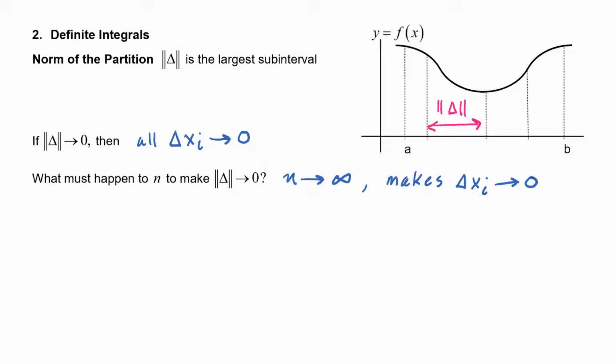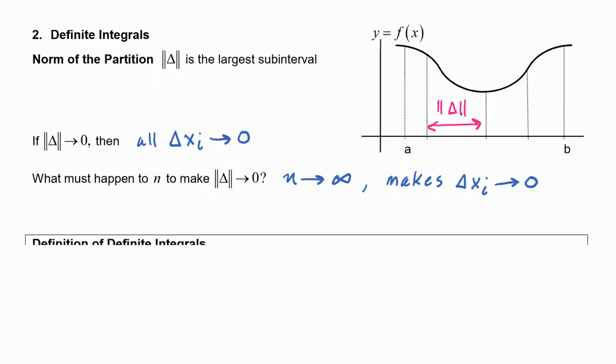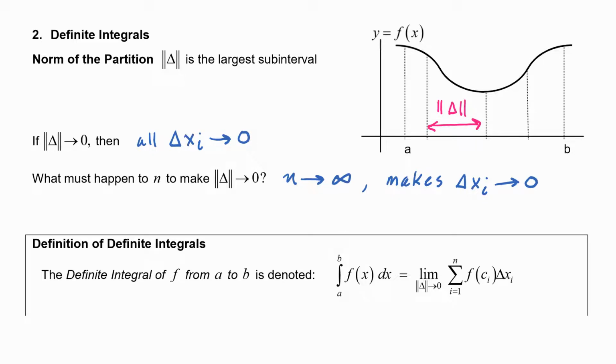So now that brings us up to the definition of definite integrals. The definite integral of f from a to b is denoted with this set of symbols. The way you read this is the integral from a to b of f of x dx.